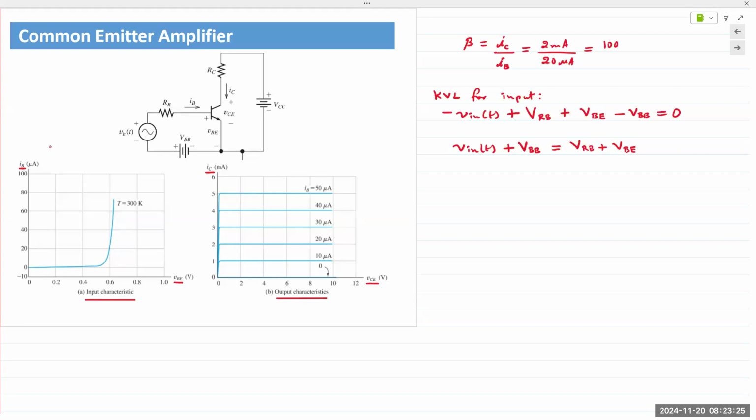Now, I haven't mentioned the values that are given to us in the example, but if you're trying to analyze a circuit, everything will be given to us. We are simply calculating the output. So at this point, Vin of t would be given to us. VBB would be given. And VRB we can calculate because RB would be known to us. So all of these values are known or given.